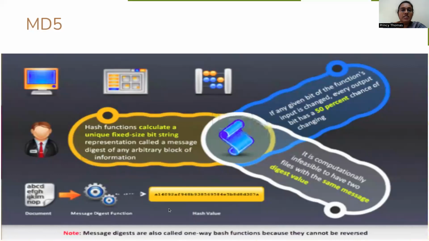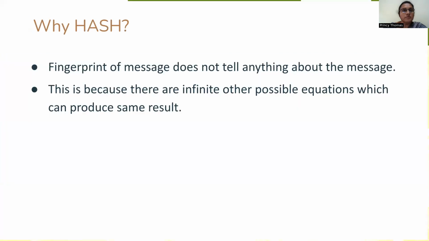Now, this hash function is a one-way hash function because we saw earlier that from the message we can get the message digest, but it should not be possible to get the message from the message digest. So it is a one-way function. It cannot be reversed. Why hash? The fingerprint of messages, that is the message digest.